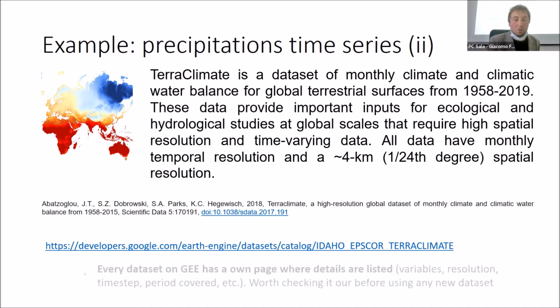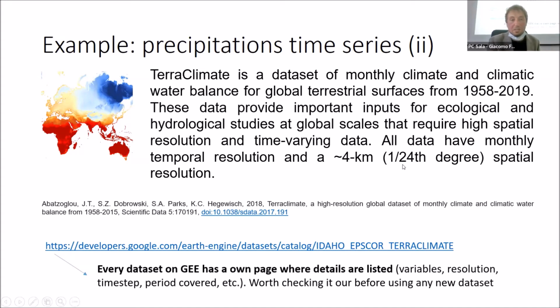For every dataset you have a link of this type. Today, in this example, we use this TerraClimate historical precipitation product. There are alternatives, it's just an example.